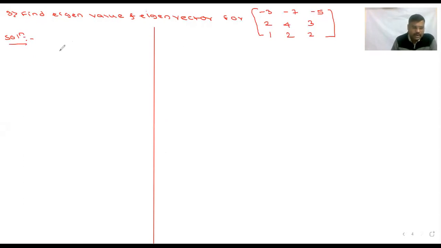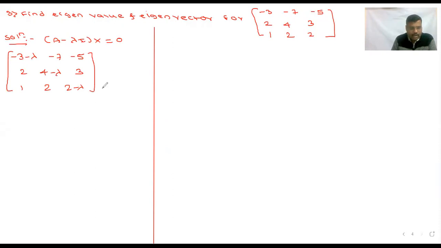So we have the equation (A minus lambda I) times x equal to 0. A minus lambda I is the matrix with rows -3 minus lambda, -7, -5; 2, 4 minus lambda, 3; 1, 2, 2 minus lambda, times x, y, z equal to 0. This is equation number 1.